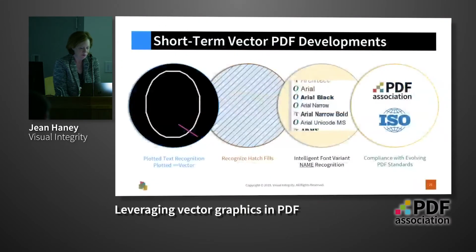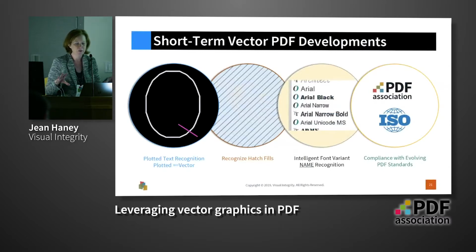The first would be plotted text recognition. This is what I talked about with the SHX fonts and AutoCAD. You can have PDF files that have this plotted text in them, and right now there's no way to do OCR on that. There are a couple of reasons why. One is because it's really hard to know the difference, when fonts get involved, between an O and a 0, how do you know which one it is.